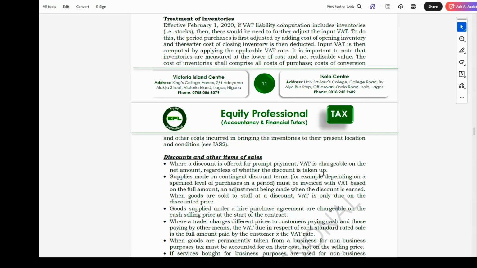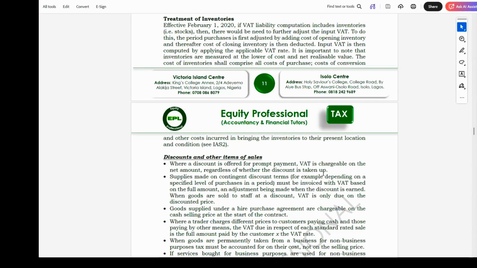But if you are going to purchase one item, it is sold at 100 naira. If you are going to purchase up to 500 of that goods, we are going to sell that item to you for 450 naira. So what that says is made on contingent terms.